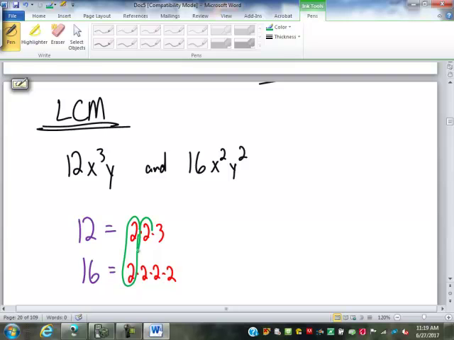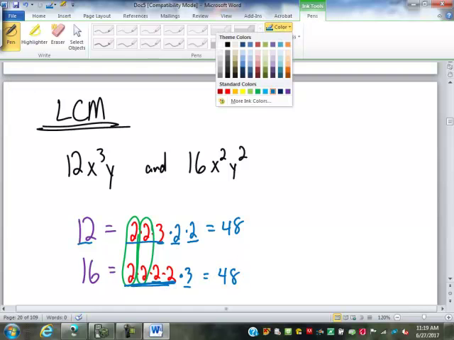So there's a 2 in common. There's another 2 in common. Up here, there's a 3 that's not circled, so I'm going to put a 3 down here. Down here, there's 2 2's that are not circled, so I'm going to put 2 2's up there. So this is 12 times 2 is 24 times another 2 is 48. This is 16 times 3 is 48.